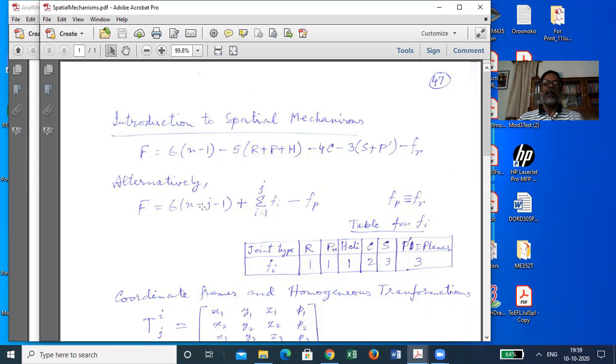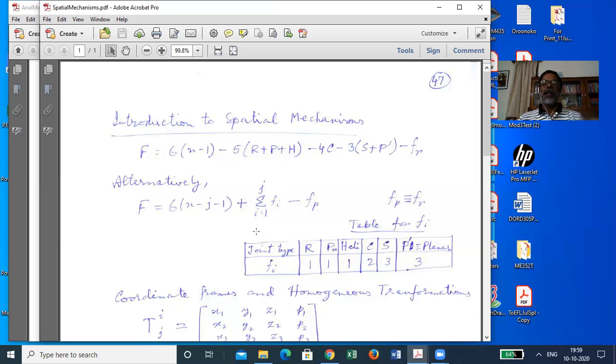So 6 has been subtracted here. For these, 5 had to be subtracted, so you need to add 1. And that makes sense, because for that joint, f i for revolute pair, prismatic pair, and helical pair will be 1 each, so that 1 gets added.